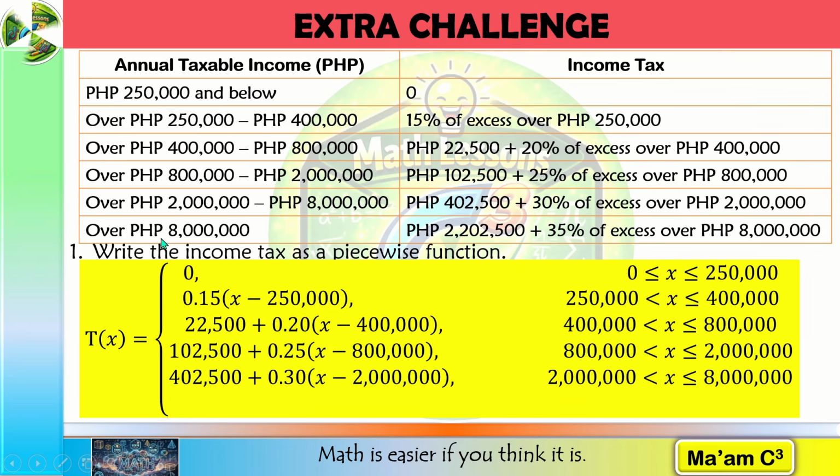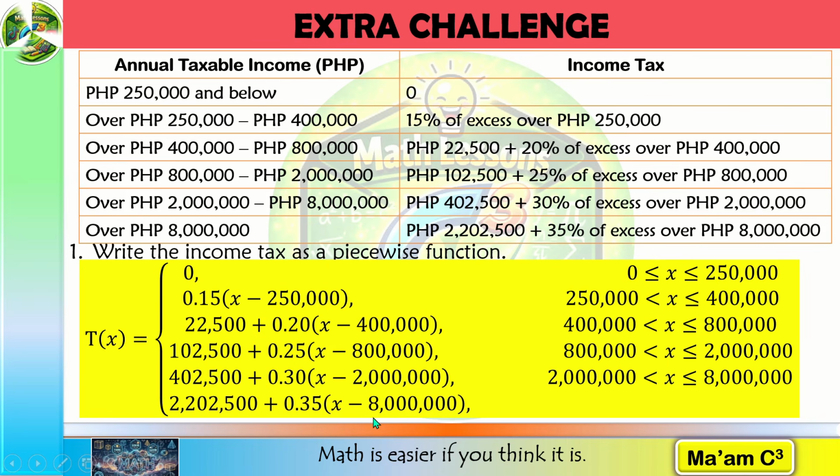And last one, T of x is equal to 2,202,500 plus 35% of excess over 8 million. So 2,202,500 plus 0.35 times the quantity x minus 8 million.